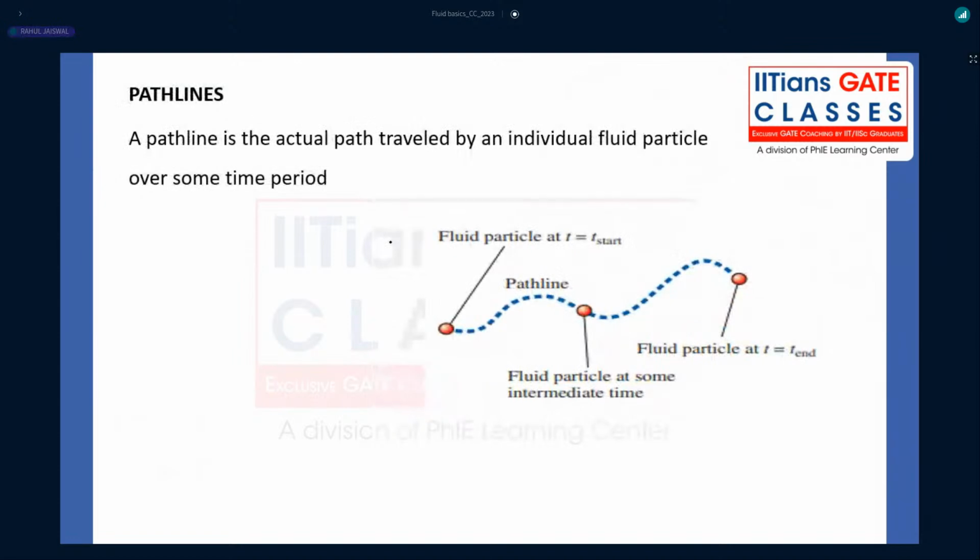Now, the next thing will be the path line. The definition is very clear from the name itself, that it is based on the Lagrangian approach, right?